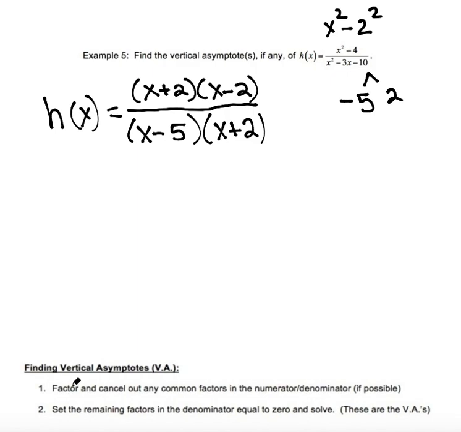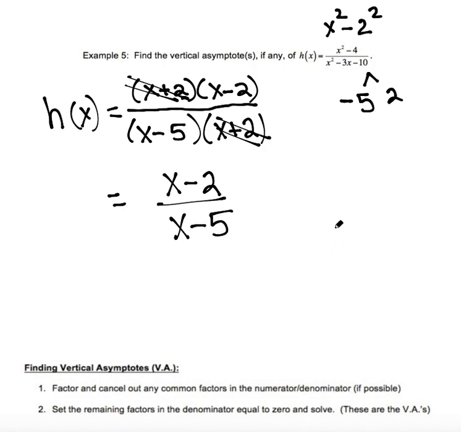So factor and cancel out any common factors. I see I have an x plus 2 in the numerator and an x plus 2 in the denominator. So what that leaves me with is simply x minus 2 in the numerator and x minus 5 in the denominator.